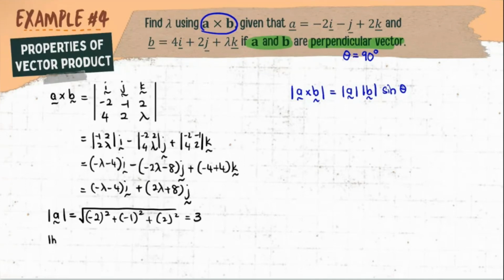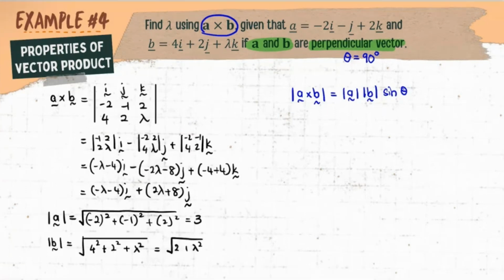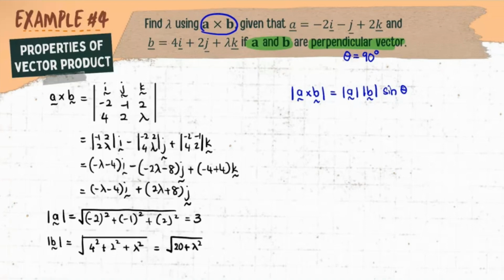Dan magnitude of B pula will be square root kepada 4 squared tambah 2 squared tambah lambda squared. So here it will be 20 tambah lambda squared. So ini adalah untuk magnitude of B. Kemudian masukkan dekat this formula. Okay, magnitude kepada A cross B pula adalah ini.